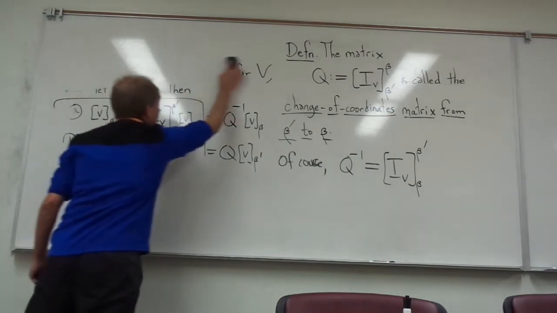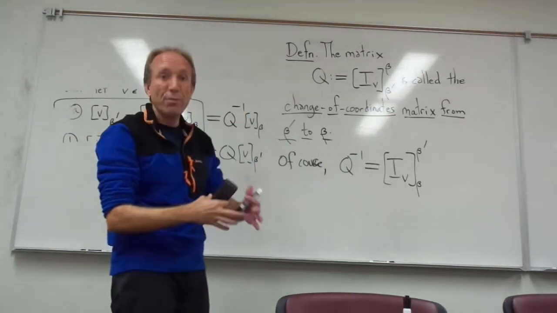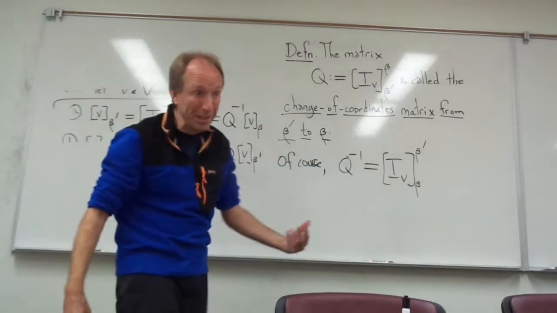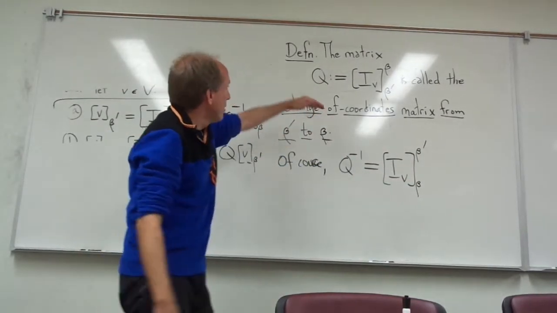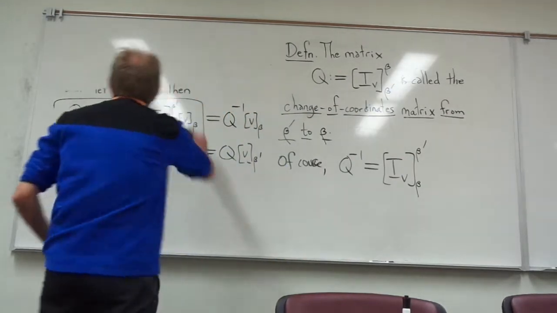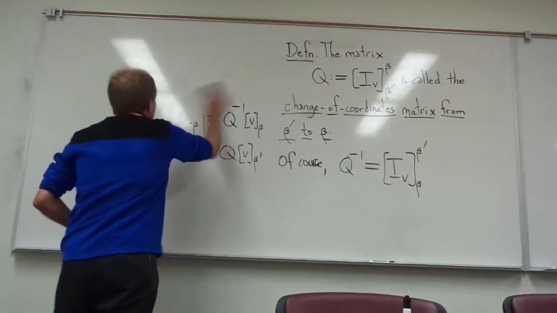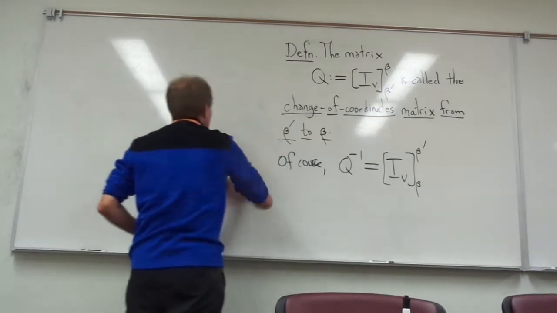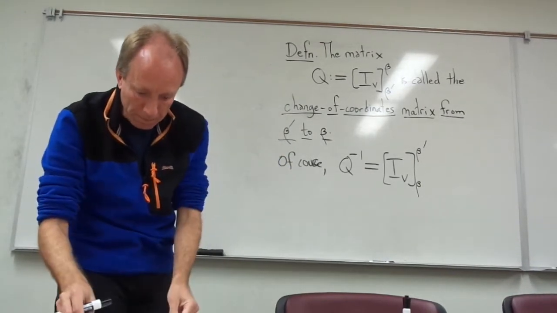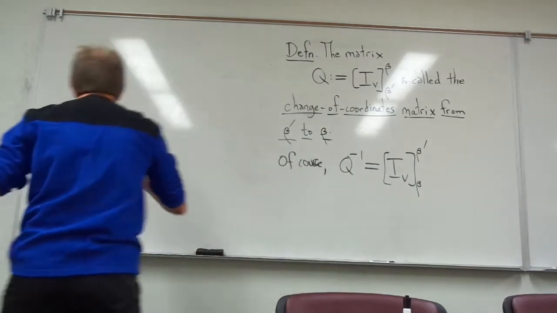But suffice it to say that being able to convert or change coordinates from one basis to another is important. And the matrix Q is your ticket to getting that done, right? So let me point out a couple of other quick little things. Well, actually, let me just do an example of that.